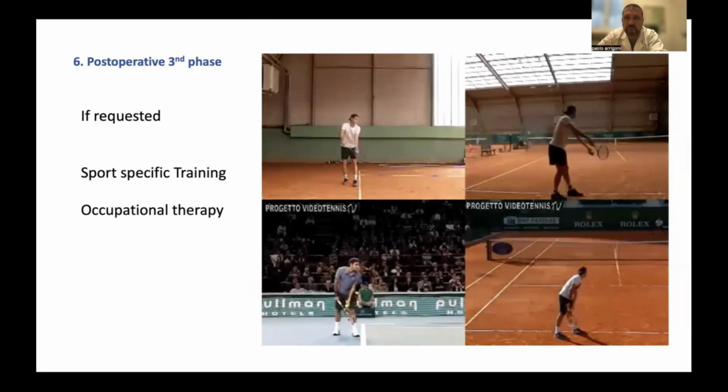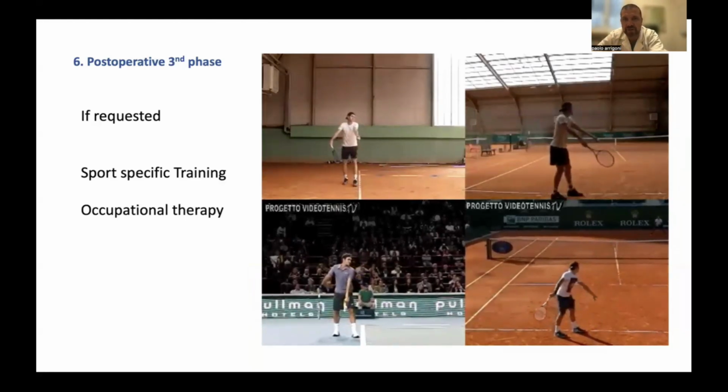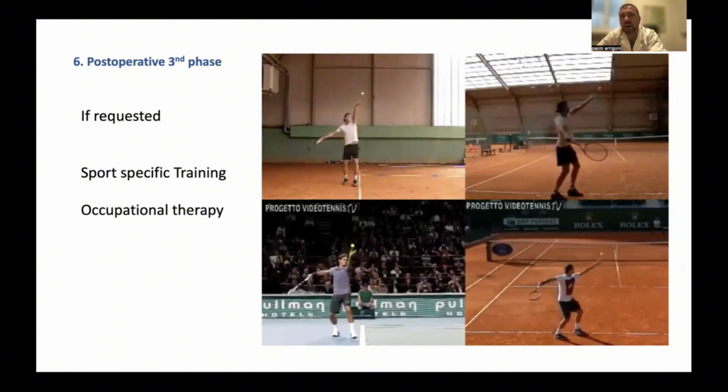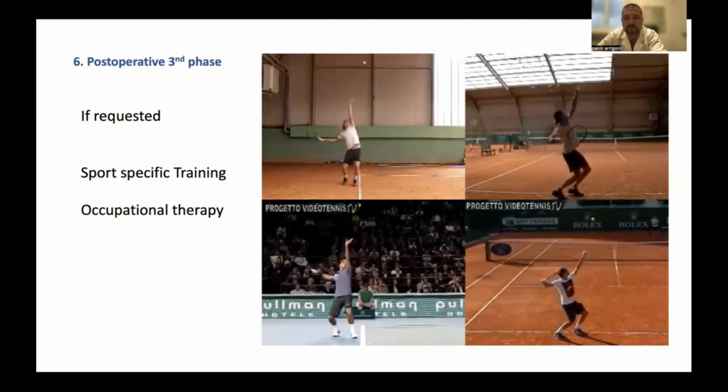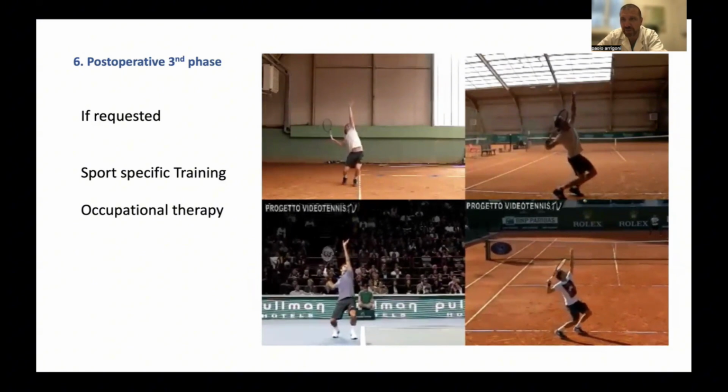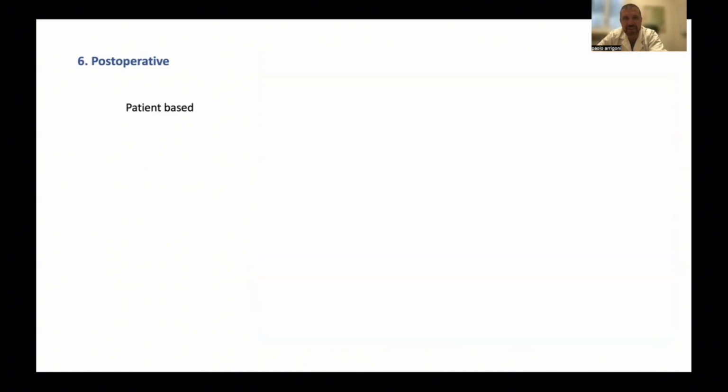Of course, in some situations sport-specific training is fundamental. It depends where you are working and what your situation is. Again, patient-based post-op is key. Sometimes we can do physio at a distance.